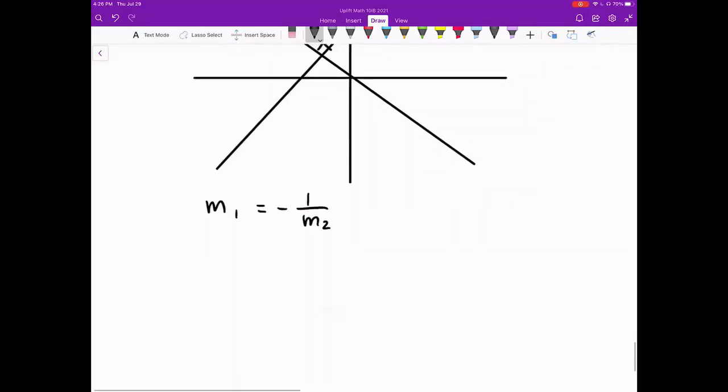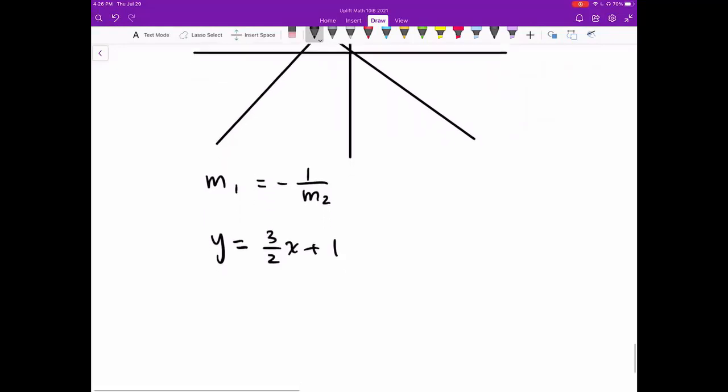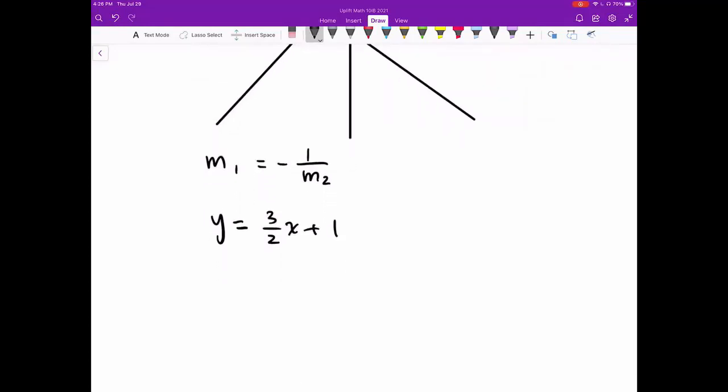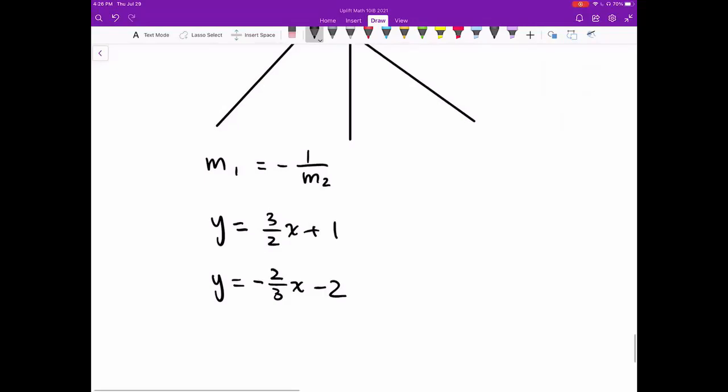So for example, if we have y equals 3 over 2x plus 1, and another line is y equals negative 2 over 3x minus 2, then these are perpendicular lines because m1 is the negative inverse of the other.